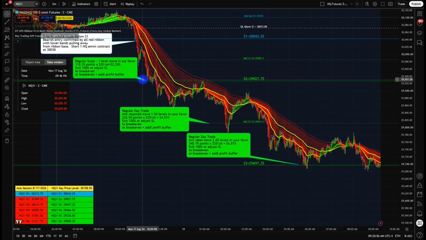So on further key level moves past the initial threshold, whichever one you're picking, in this case we're looking at the 1-level threshold move in your favor.